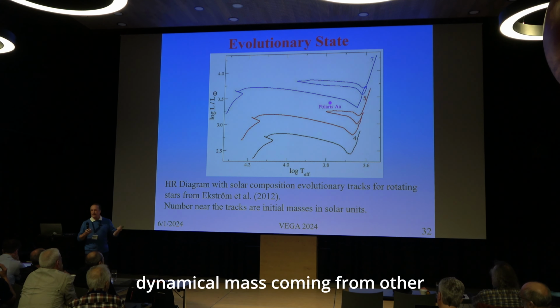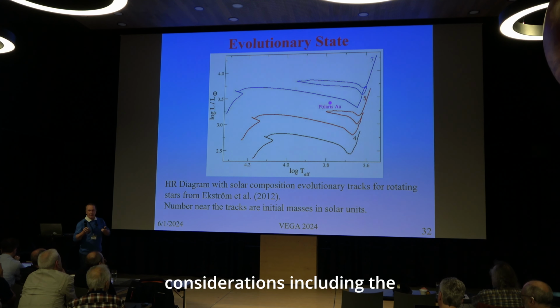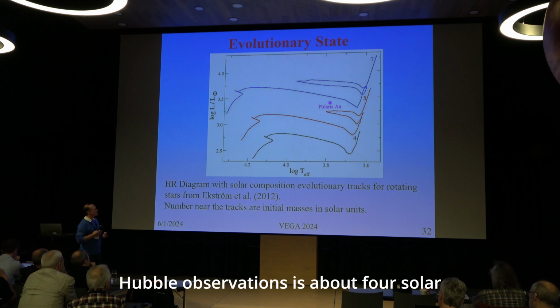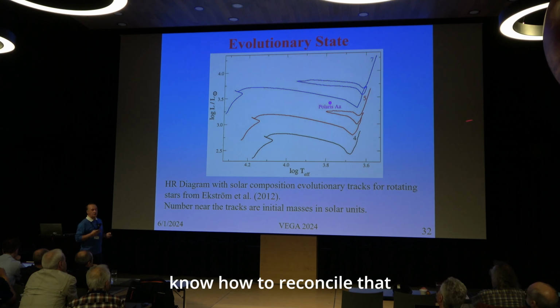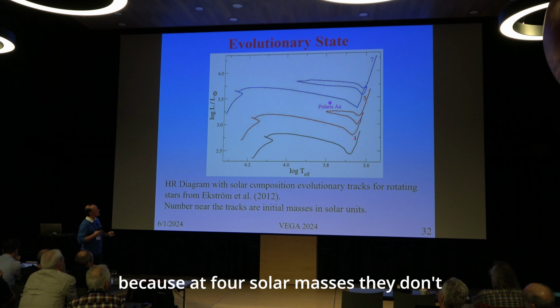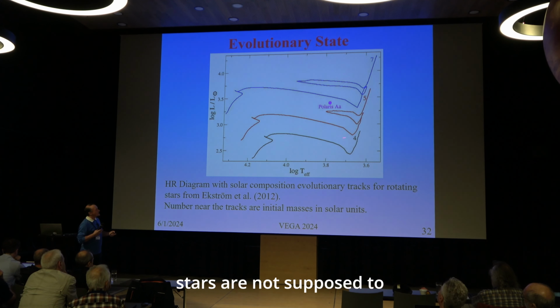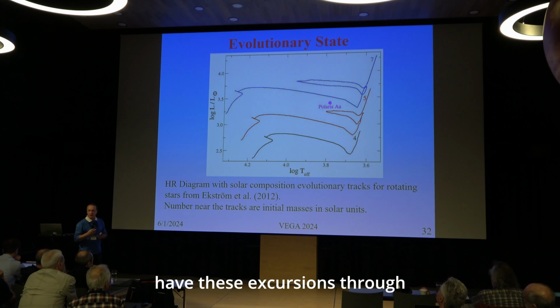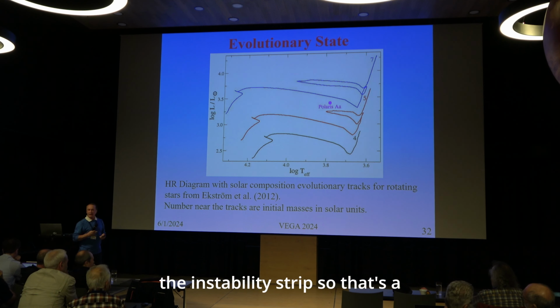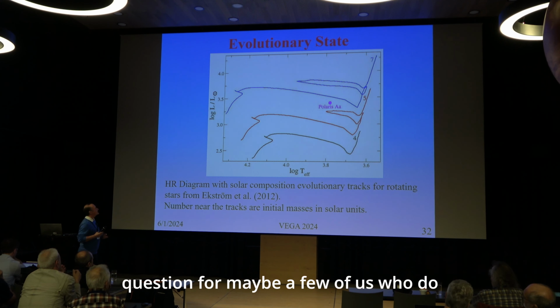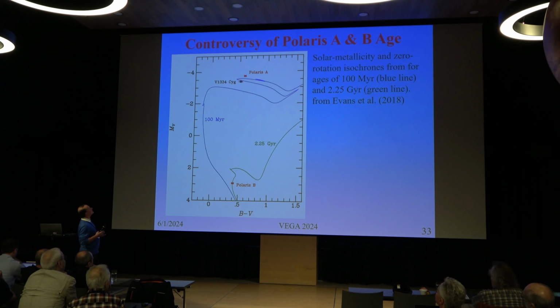The dynamical mass, coming from other considerations including the Hubble observations, is about 4 solar masses, and I don't know how to reconcile that, because at 4 solar masses stars are not supposed to have these excursions through the instability strip. So that's a question for maybe theorists who do evolutionary calculations.